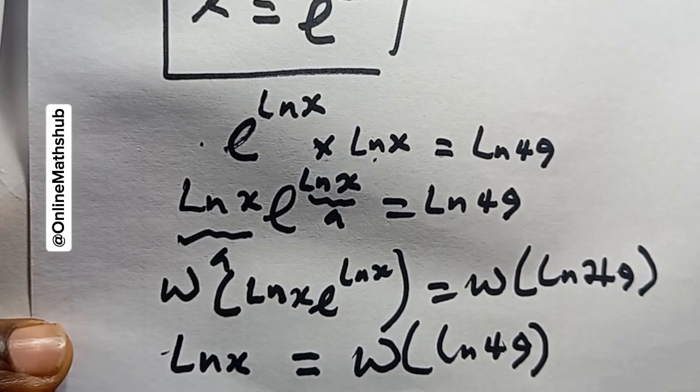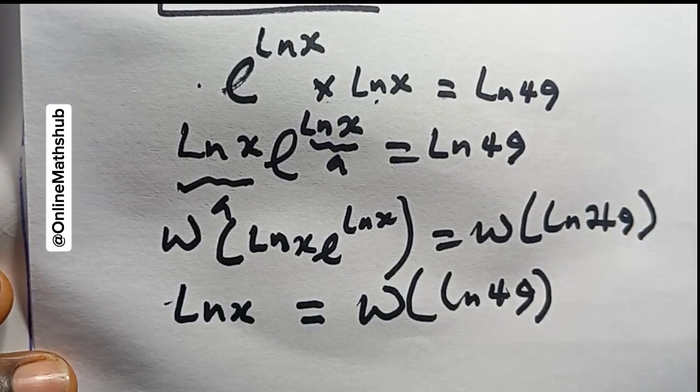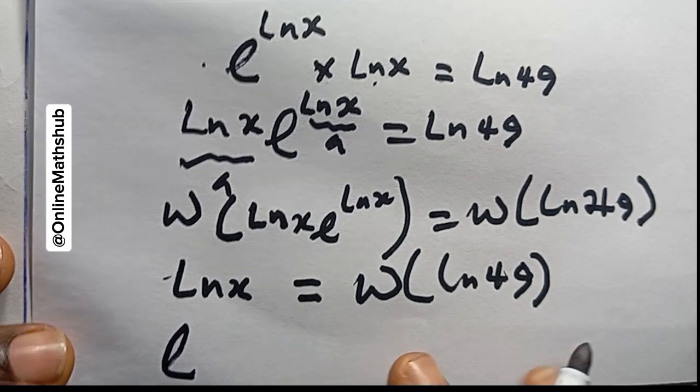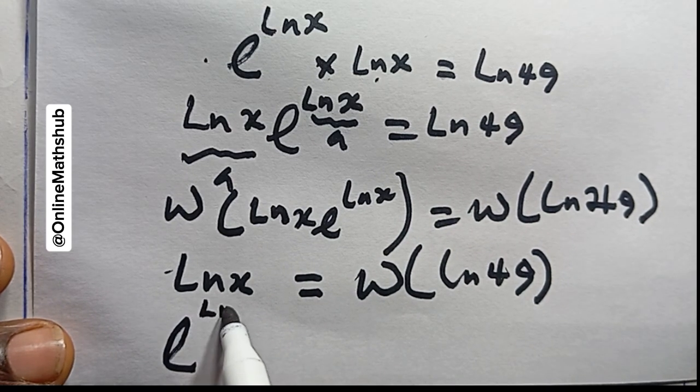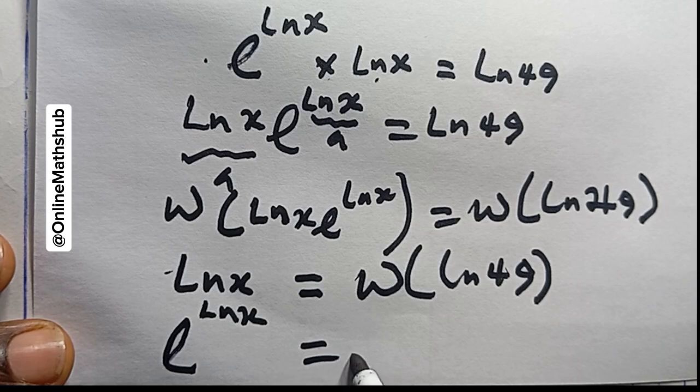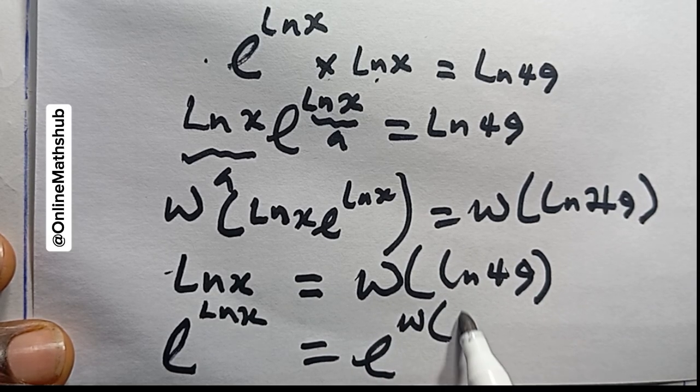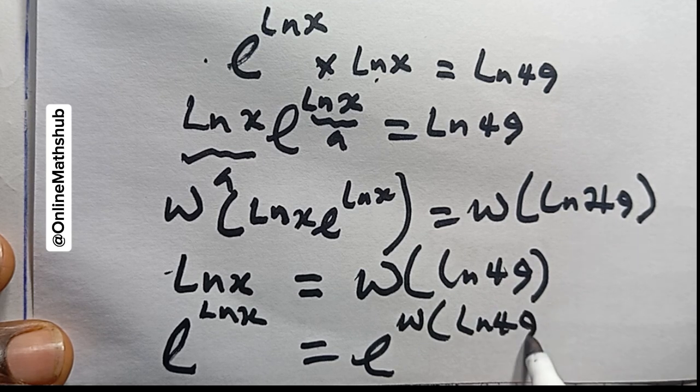So how do we now get the value of x? We just go ahead to take the exponent of both sides. So we take exponential of natural log of x is equal to the exponential of Lambert W function of natural log of 49.